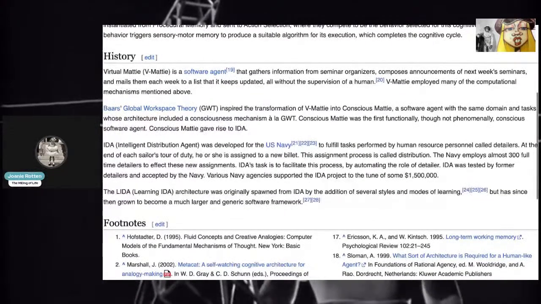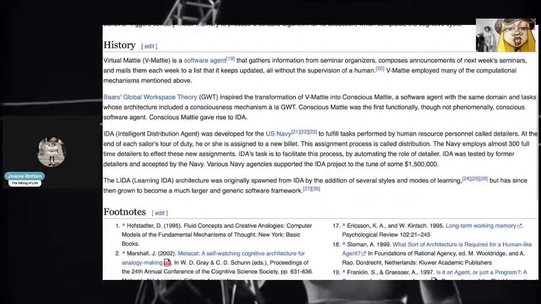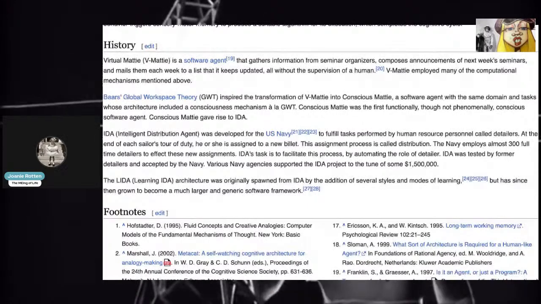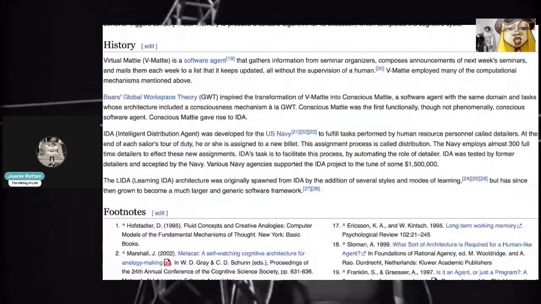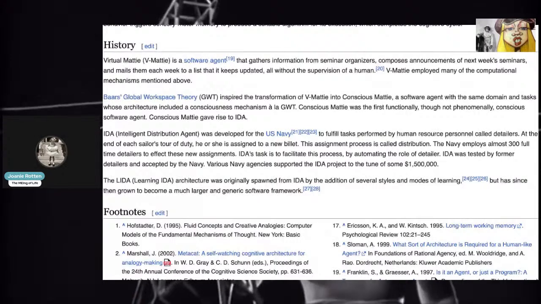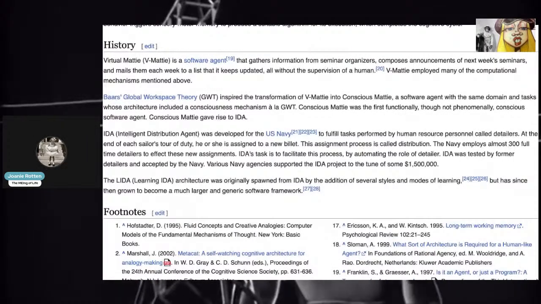IDA, or Intelligent Distribution Agent, was developed for the U.S. Navy, no surprise there, to fulfill tasks performed by human resource personnel called detailers. At the end of each sailor's tour of duty, he or she is assigned to a new billet. This assignment process is called distribution. The Navy employs almost 300 full-time detailers to effect these new assignments.